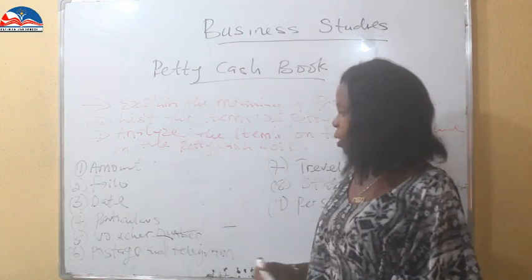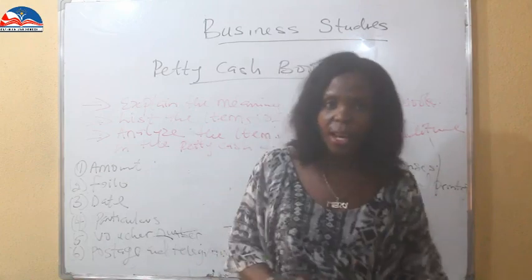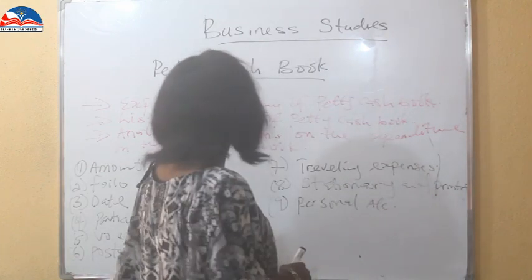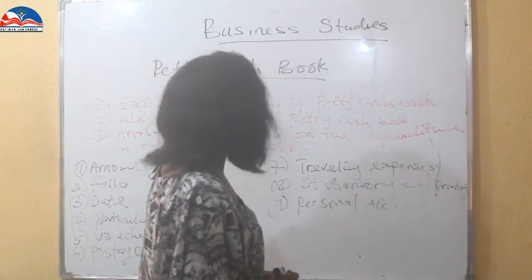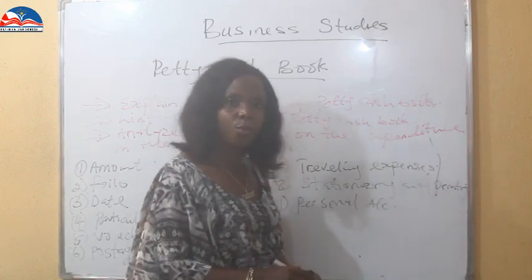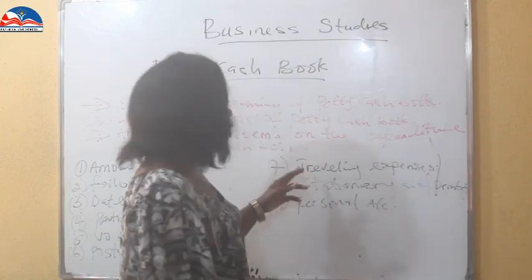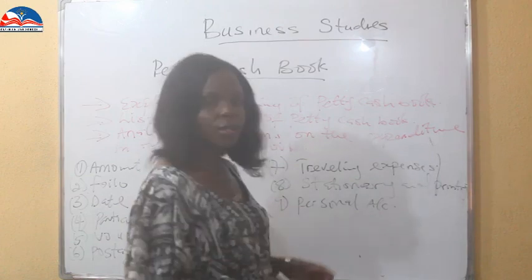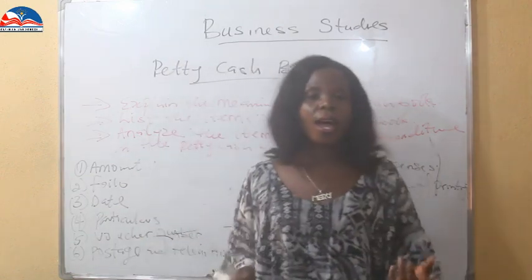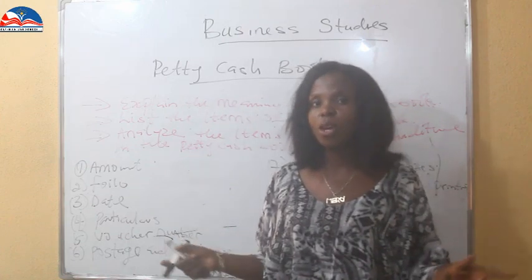Then we have postage and telegram. These are expenditures that will come, and we analyze them in our next objective, which is to analyze the items on the expenditure side of the petty cash book. So we have postage and telegram. This will come under it. Traveling expenses, stationery and printing, then personal account. There may be other expenditures that will come under the petty cash book.